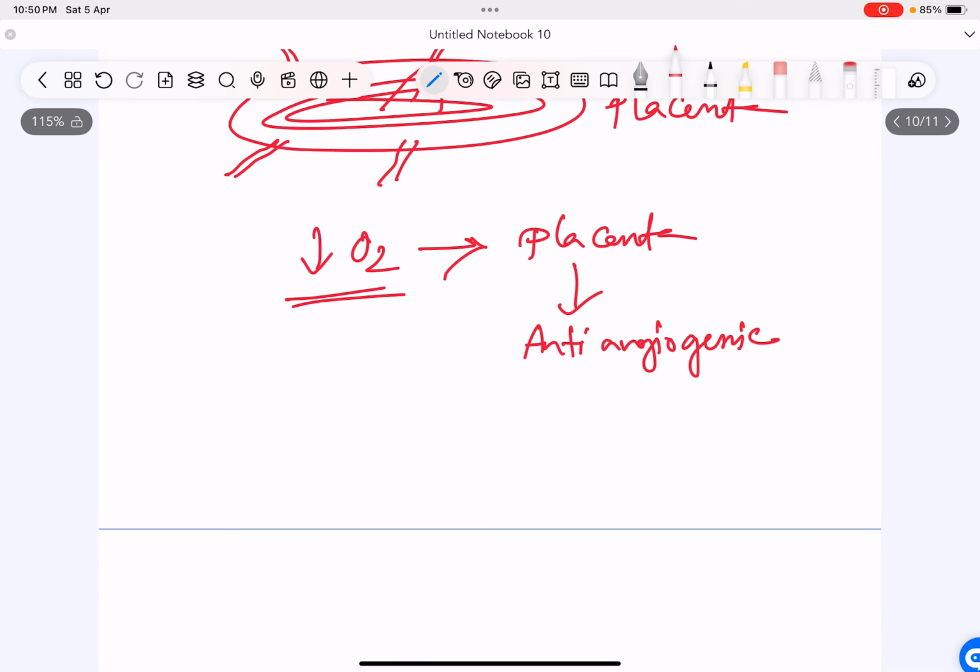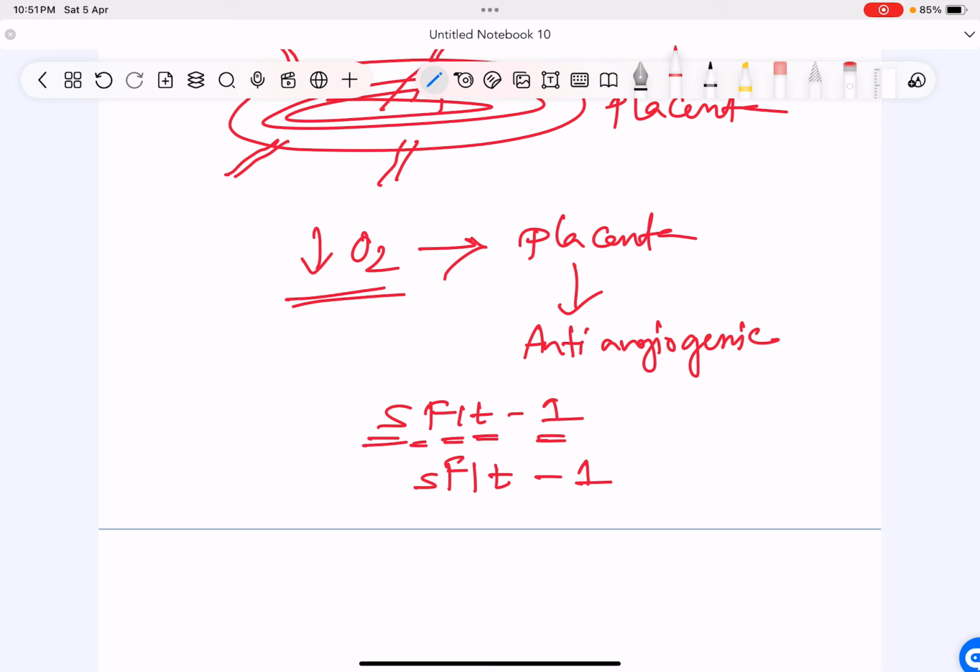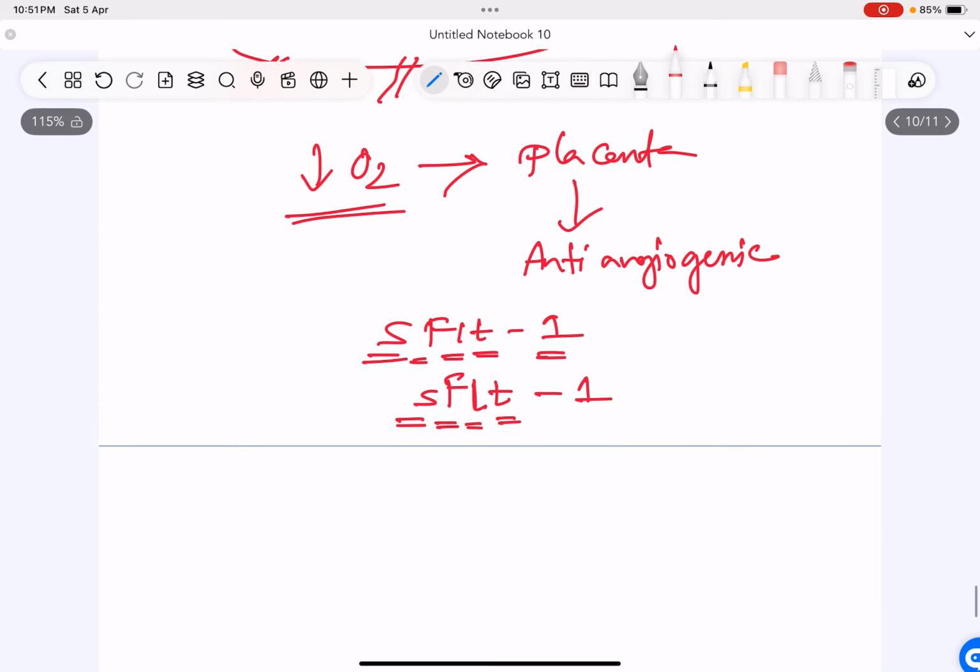So the anti-angiogenic factors like sFLT1, इसका full form काफ़ी tough है, soluble FMS like tyrosine kinase 1, and sENG, soluble endoglin.